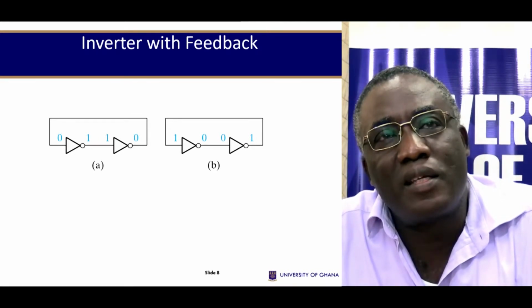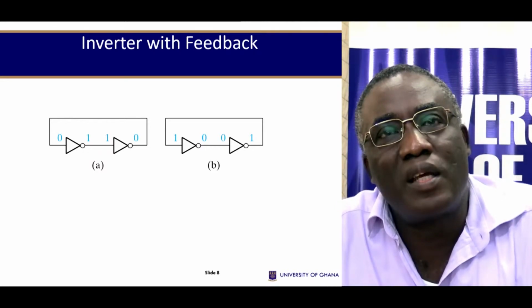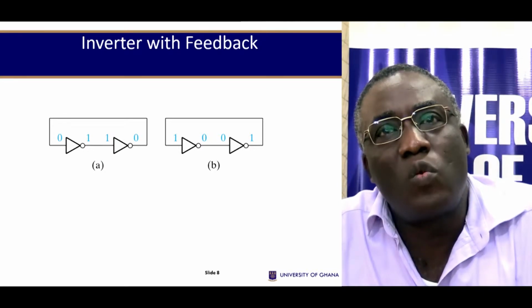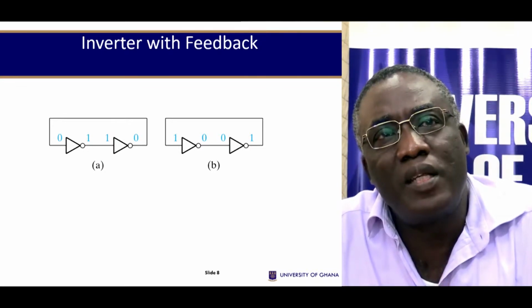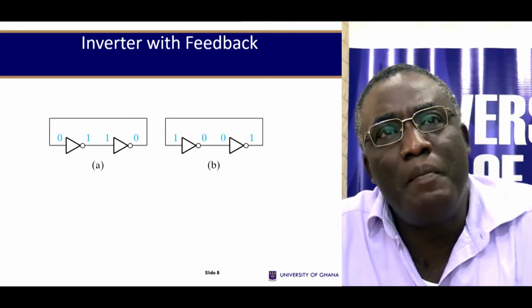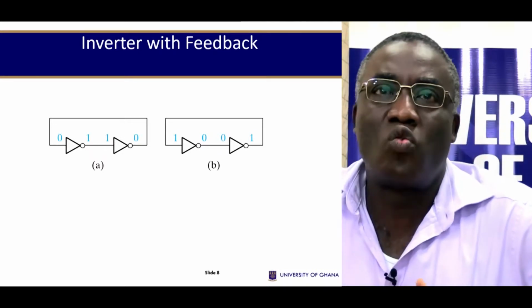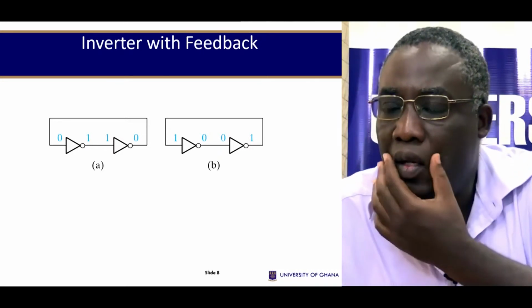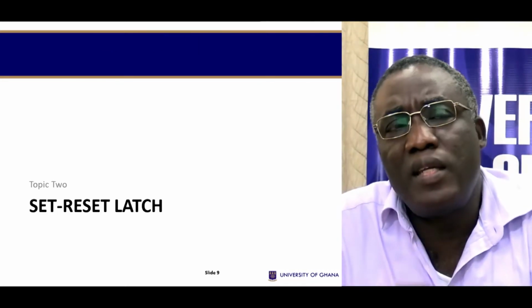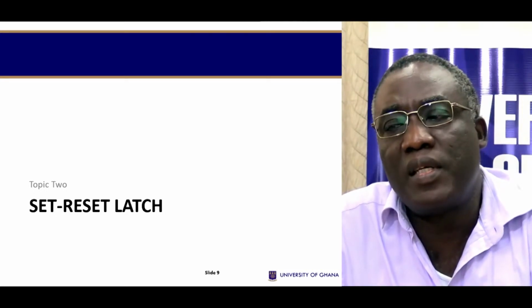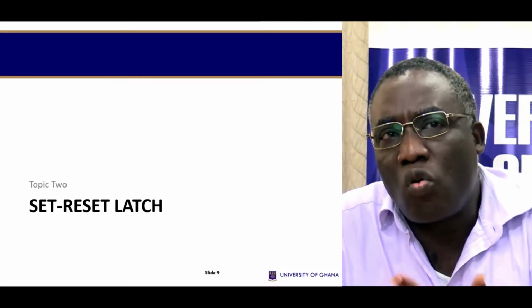And then supposing you had a 1 at the input, that gives you a 0, and then that 0 feeds into that and gives you a 1. So can you see what is happening? No matter what you have here, once you put something there, you are maintaining that value. That gives you an idea as to what is possible in terms of memory or recalling things.